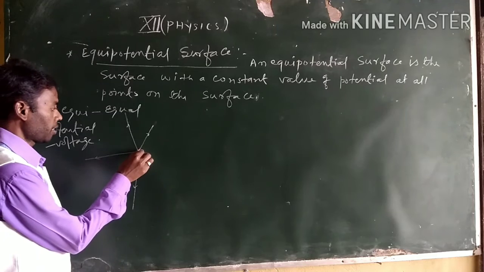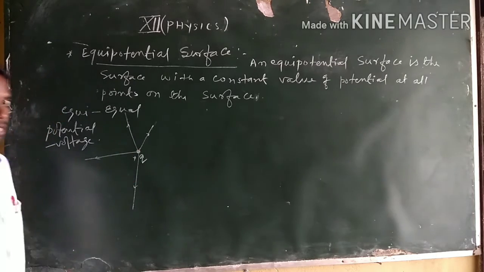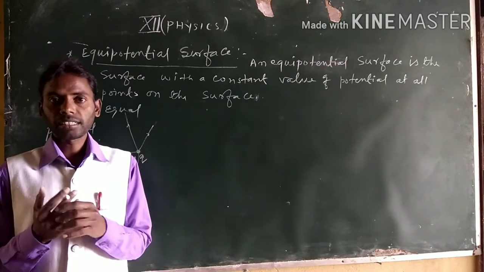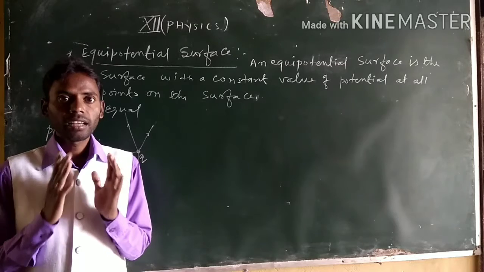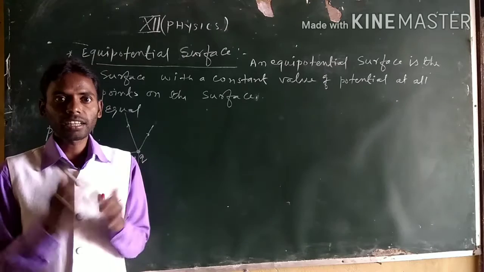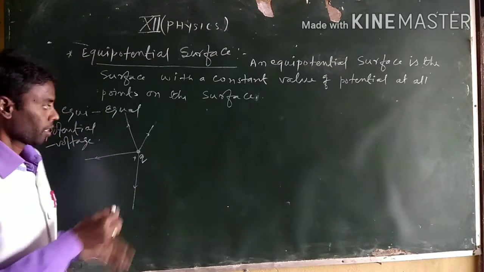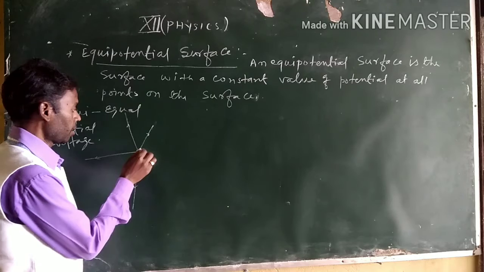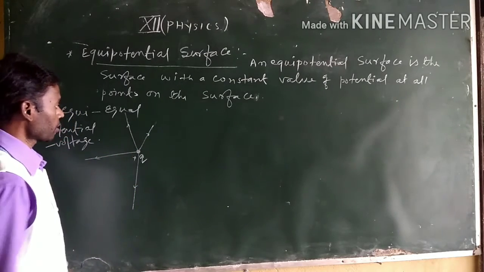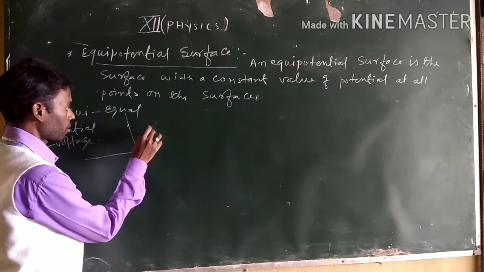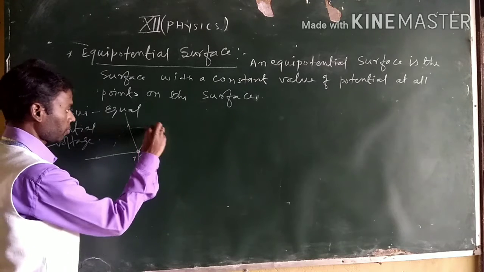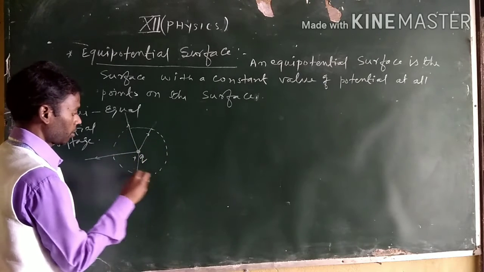Suppose here is a plus Q charge. Then the electric field lines are produced radially outward. Suppose we take some radius like this.